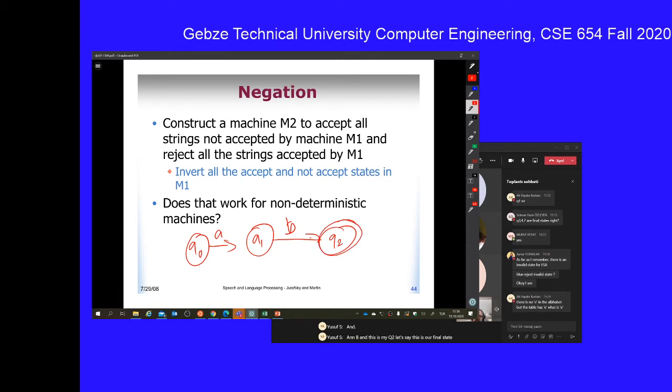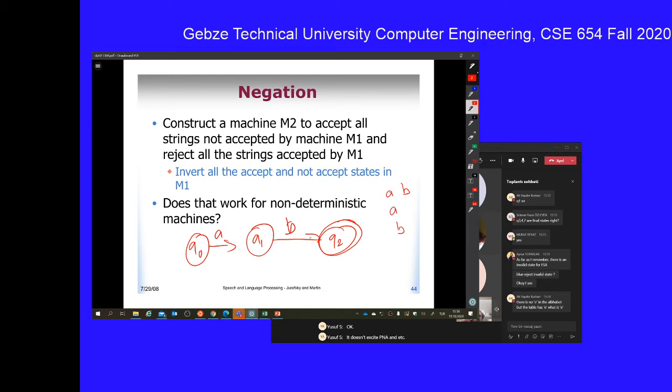So this is a very simple language. It accepts A, B. That's it. Nothing else. Let's say my alphabet is only A and B. It doesn't accept A, right? It doesn't accept B. It doesn't accept B and A, etc.